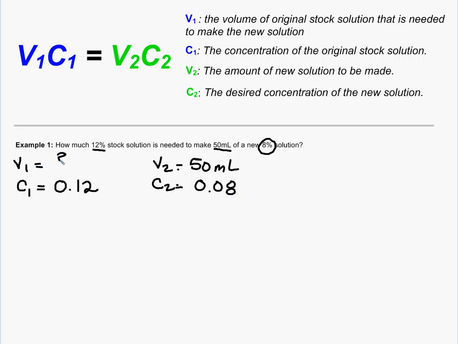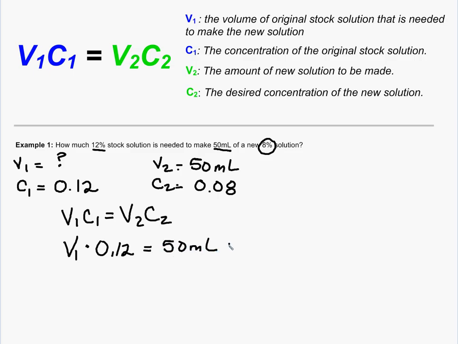And we're looking for the volume of the stock solution. So I'm just going to plug these numbers into my formula. So V1 is our unknown times C1, which is 12%, is equal to the volume of my new solution, 50 milliliters, times the concentration of my new solution, which is 8%.